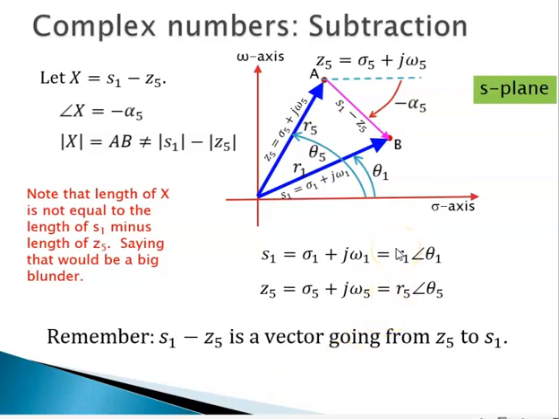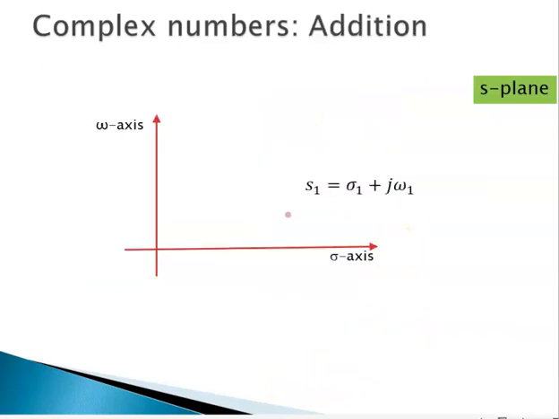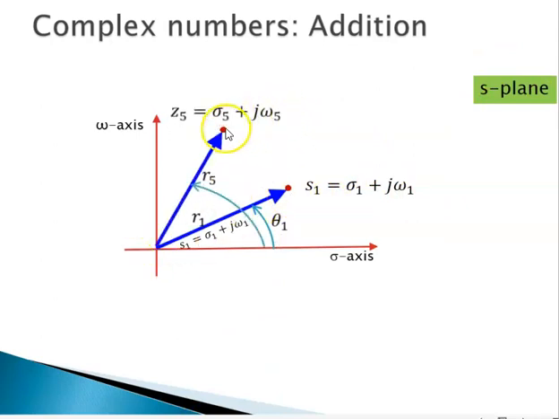Having seen subtraction, let us also see how we add two vectors. Let us say this is one complex number represented as a vector, and this is another complex number represented as a vector. To sum them up, you will build a parallelogram on these two. That is one side, this is another side. You can see that this is a nice little parallelogram.